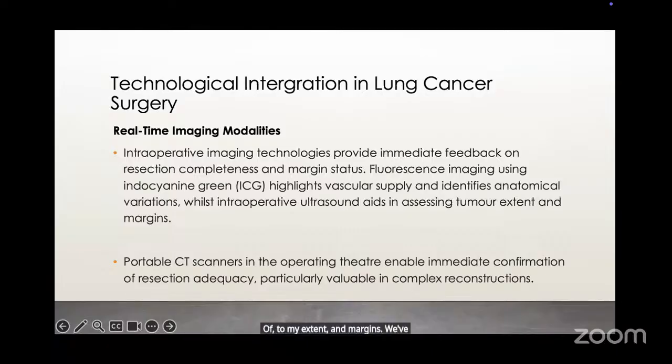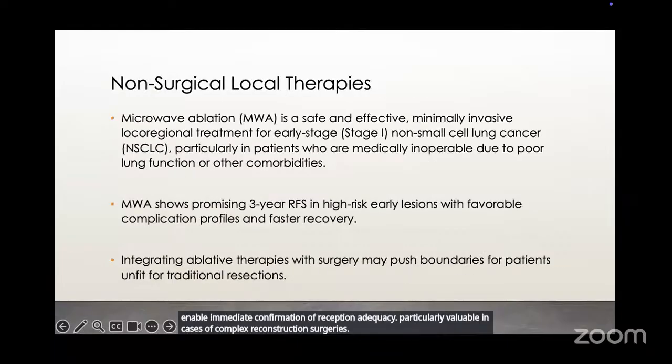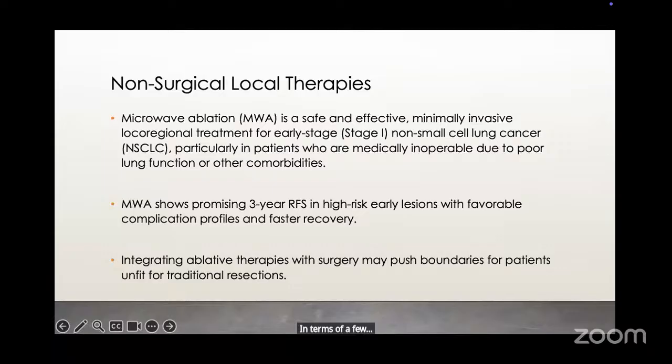We've also seen where portable CT scanners in the operative theater enable immediate confirmation of resection adequacy, particularly valuable in cases of complex reconstruction surgeries. In terms of a few more novel non-surgical modalities, which we have seen in patients with early stage non-small cell lung cancer who may be deemed inoperable, microwave ablation has now emerged as a suitable option for patients who have early stage disease as compared to radiofrequency ablation.